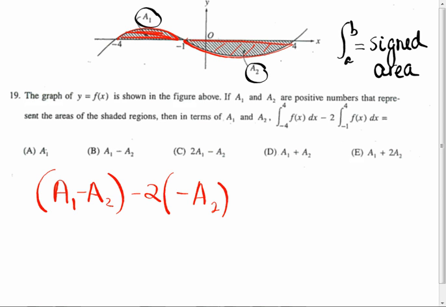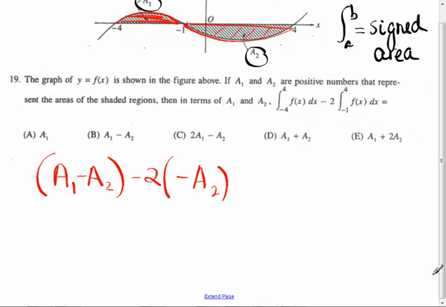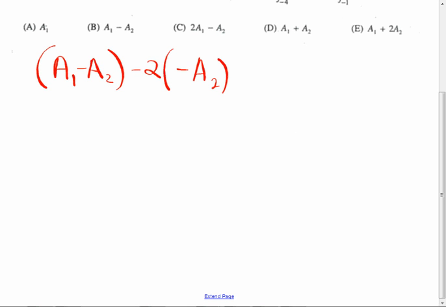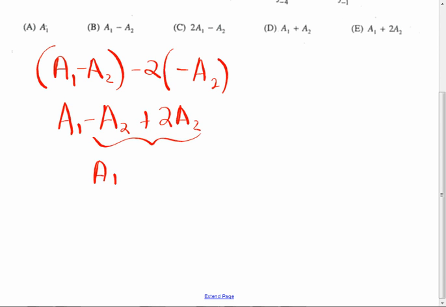If they said A1 and A2 are numbers that represent the integrals or the signed areas, then I would have to look at this problem very differently. So which one is that one? Careful. Do the algebra. A lot of you guys like to skip the algebra, but don't do that because it's not a smart thing to do. Plus 2A2. And this will give you A1 plus A2. So let's see.